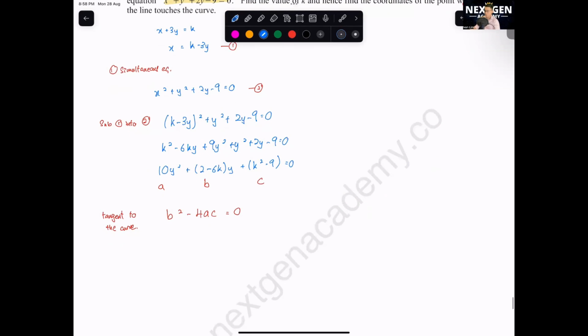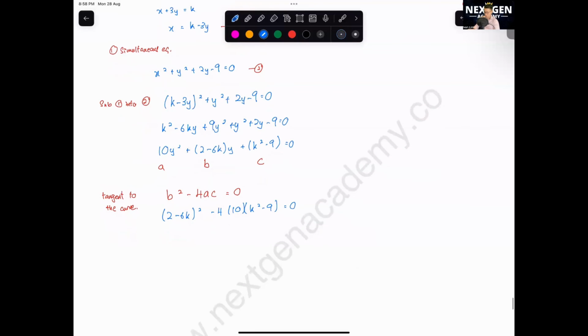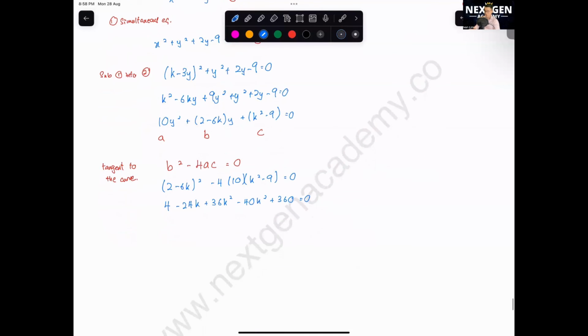Substitute it: (2 minus 6k) squared minus 4 times 10 times (k squared minus 9) equals 0. That gives 4 minus 24k plus 36k squared minus 40k squared plus 360 equals 0. Simplify this: minus 4k squared minus 24k plus 364 equals 0.